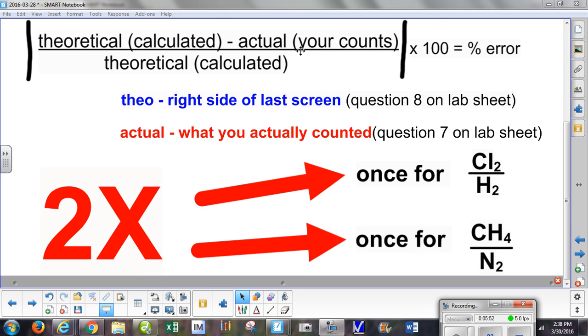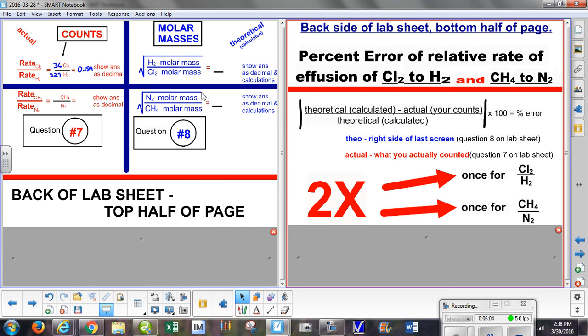There, that you get from your counts, and then you've got theoretical again down here. And these theoreticals are what you're getting from this side of the screen.